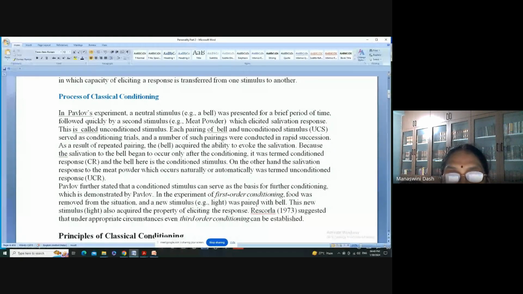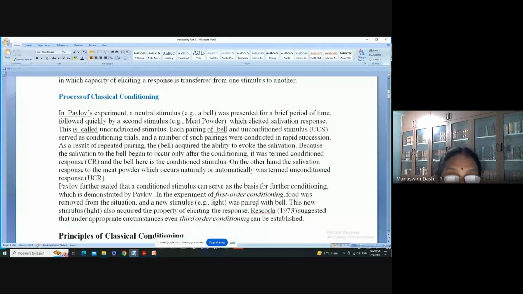So instead of pairing the bell and food, after the conditioning is established, he changed the UCS; food was not given, and the bell was paired with light.